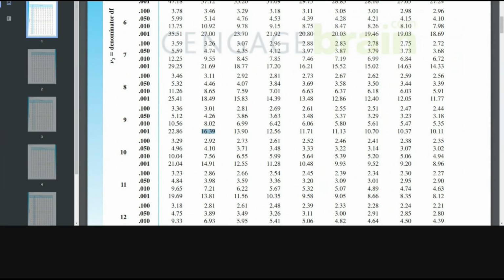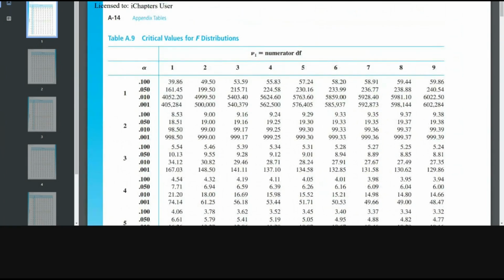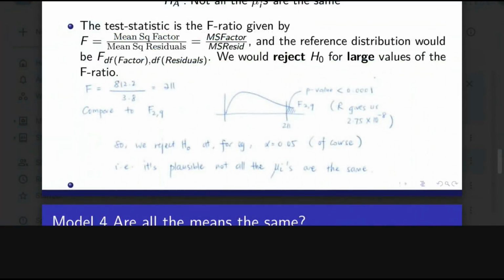If you cross 16.39, your p-value is going to be less than 0.001 already. This F statistic was 200 plus. So we know the p-value is microscopic, but that's how you get this by using the F table. You compare to an F with 2 and 9 degrees of freedom, and you know clearly that this is really small. Officially from the table it's less than 0.001. But if you did a more careful search with R, you'll find that it's very, very small.